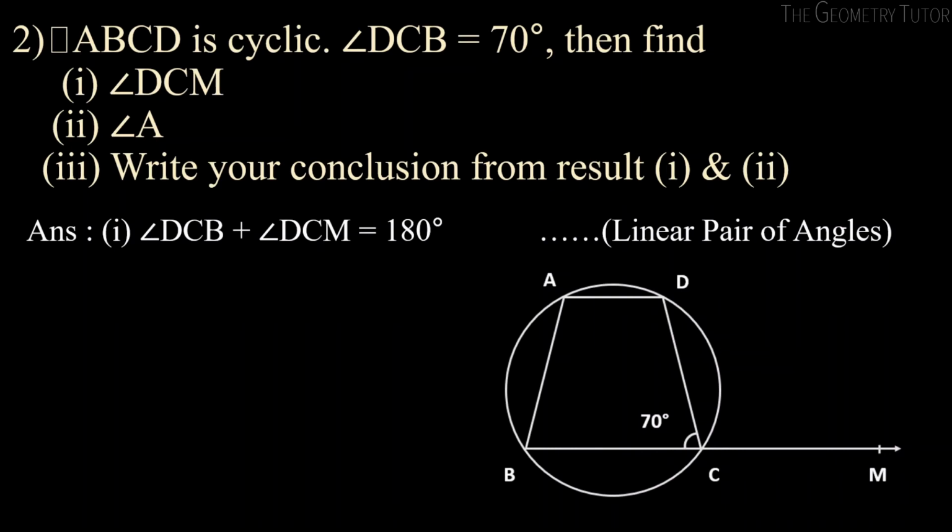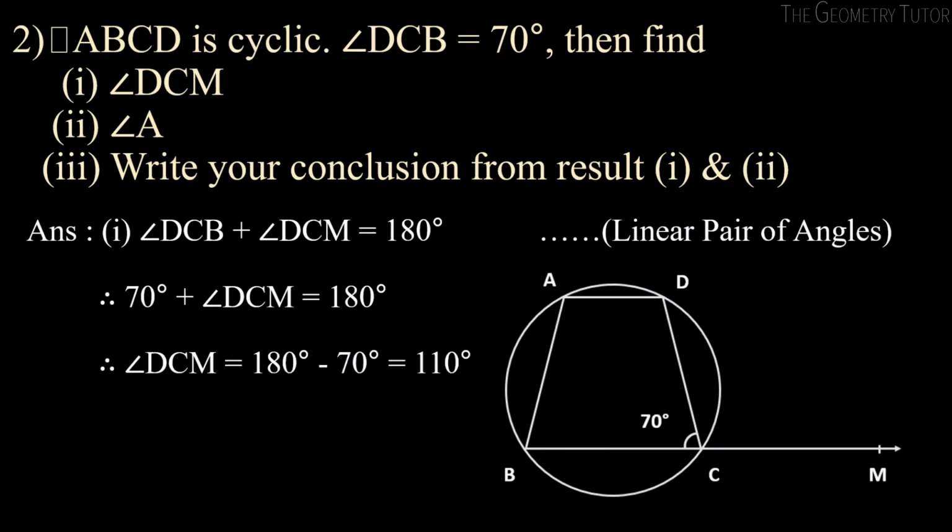Angle DCB plus angle DCM is equal to 180, linear pair of angles. Now, substituting the value of angle DCB, we get 70 plus angle DCM is equal to 180. Therefore, angle DCM is equal to 180 minus 70 is equal to 110 degrees.